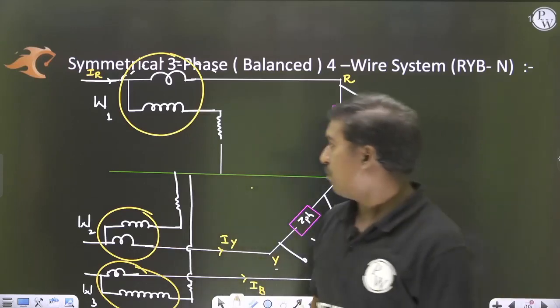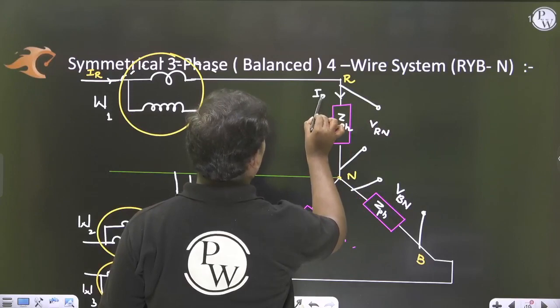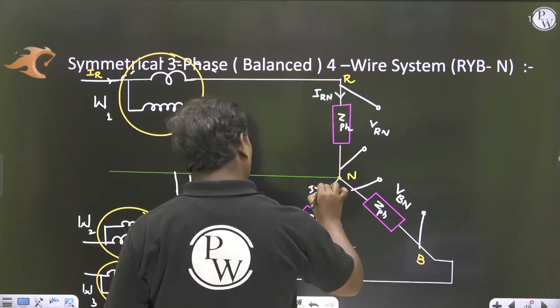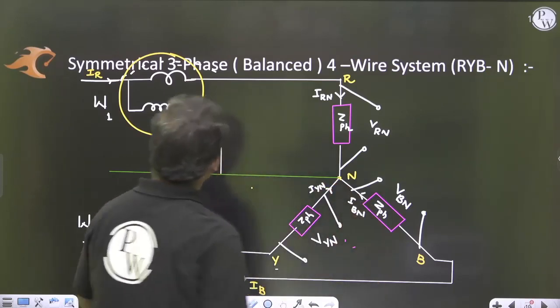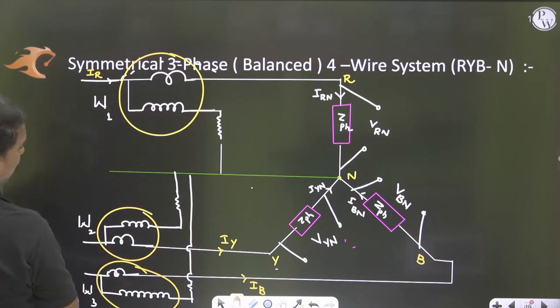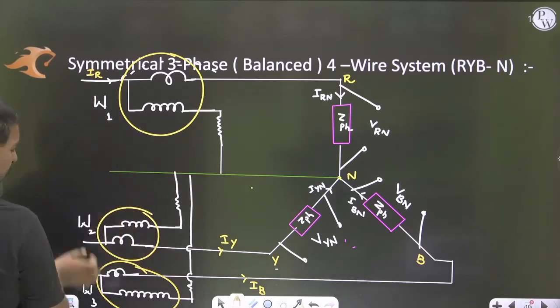Okay, and the phase currents passing through this are IRN, IYN, IBN. Line currents IR, IY, IB, and the voltages here. We are now connected between 3 phases, so these are VRN, VYN, VBN.